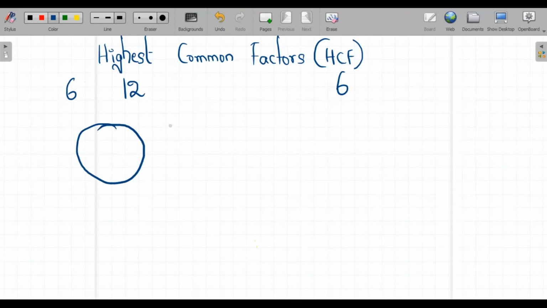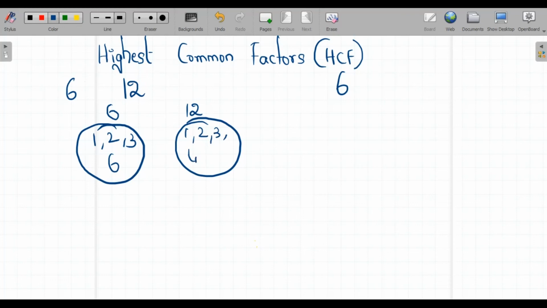Now if you draw two circles, one to represent 6, one to represent 12, and we need to list all the factors that are there for 6 and all the factors that are there for 12. So in this case it's 1, 2, 3 and 6. In this case 1, 2, 3, 4, 6 and 12.